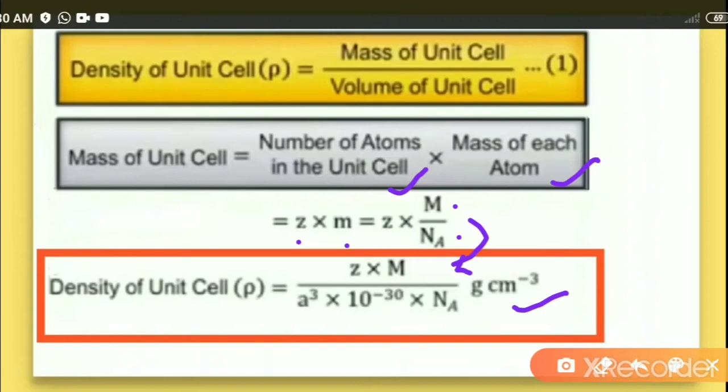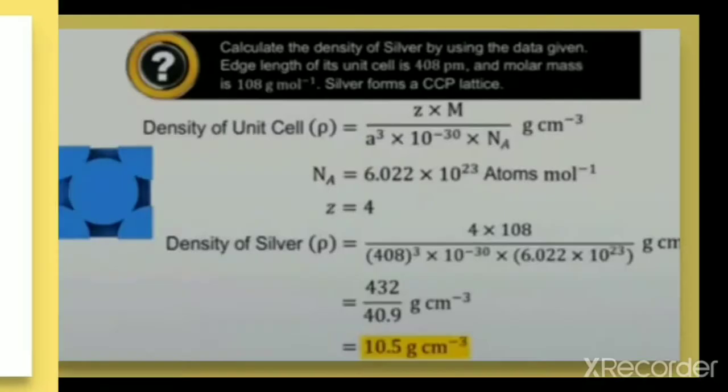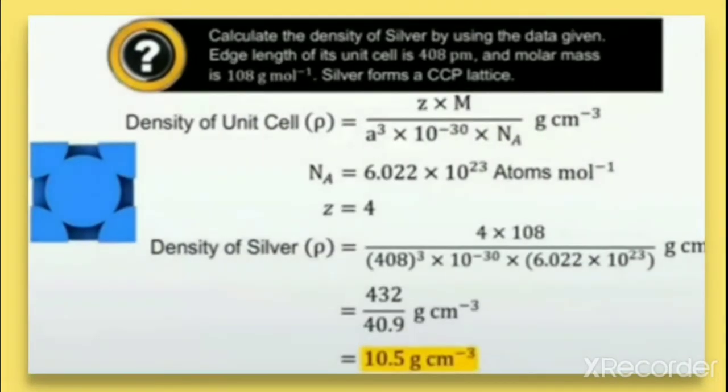Let us do a problem related to density. Calculate the density of silver by using the data given. Edge length of its unit cell is 408 picometer and the molar mass is 108 gram per mole. Silver forms a CCP lattice.